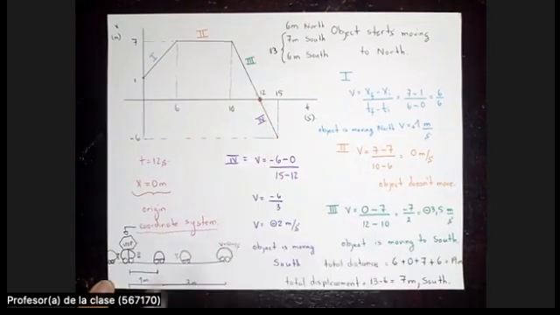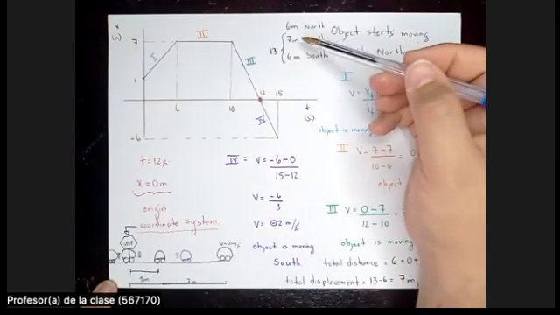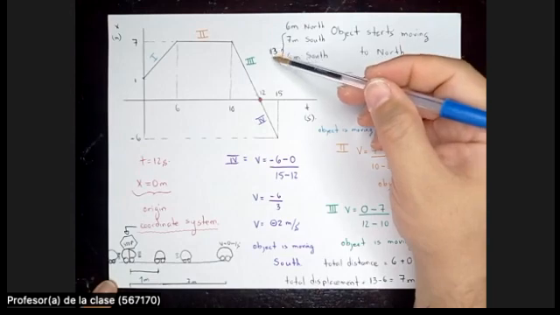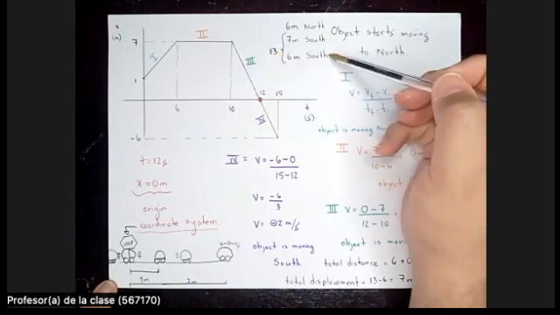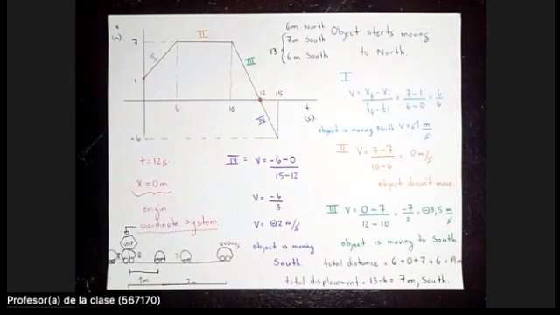And the final movement is going to be 6 meters more to the south. So 7 plus 6 is going to be 13 meters to the south, minus 6 meters to the north is going to be 7 meters to the south. And that's it. Yeah, we finished. Very good.